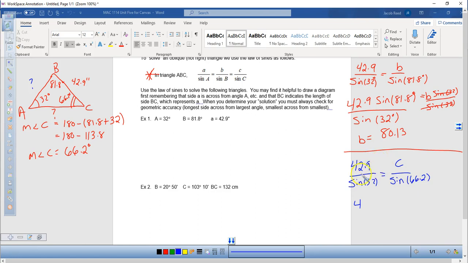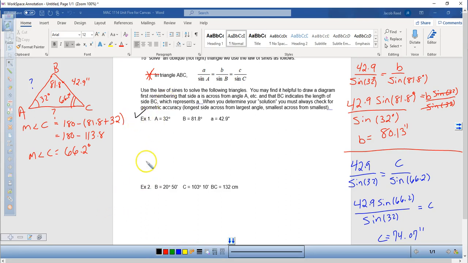It's going to move to the top. When we type this into our calculator, 42.9 sine of 66.2 divided by sine of 32, we get 74.07 inches. And don't forget my units, inches.